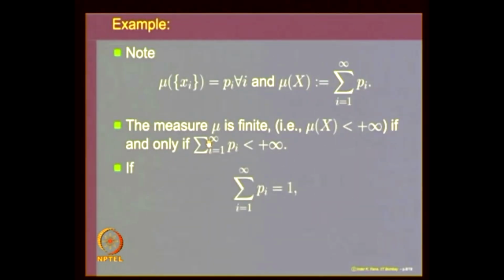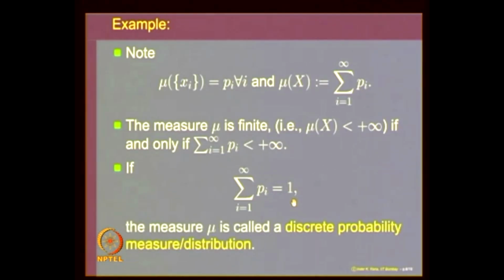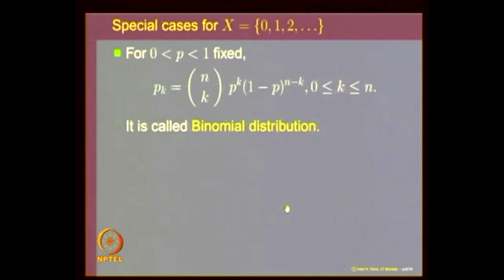If this series pi is convergent and the sum is equal to 1, then this measure mu is called a discrete probability distribution on the set X, which is x1, x2, ..., xn. A very special case plays an important role in the theory of probability and so on.